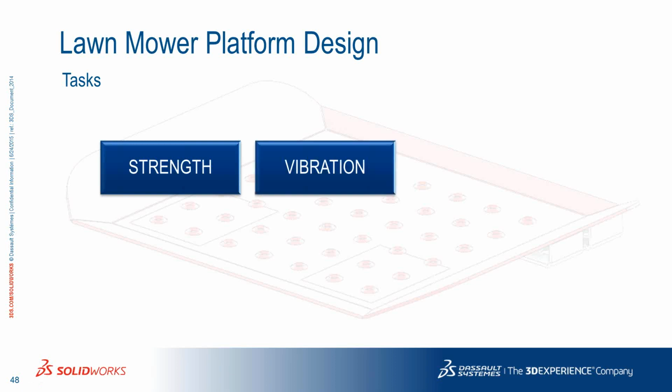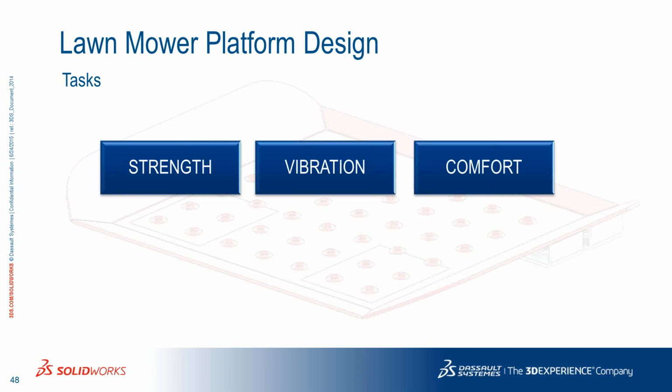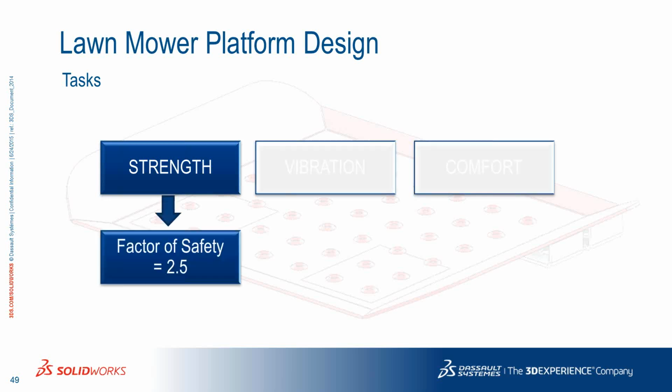We're going to check for vibration, doing some quick frequency analysis to make sure the natural frequencies of this platform do not match the motor that's shaking the entire platform, and eventually look at true vibration, where we want to make sure the person standing on the platform feels comfortable enough.